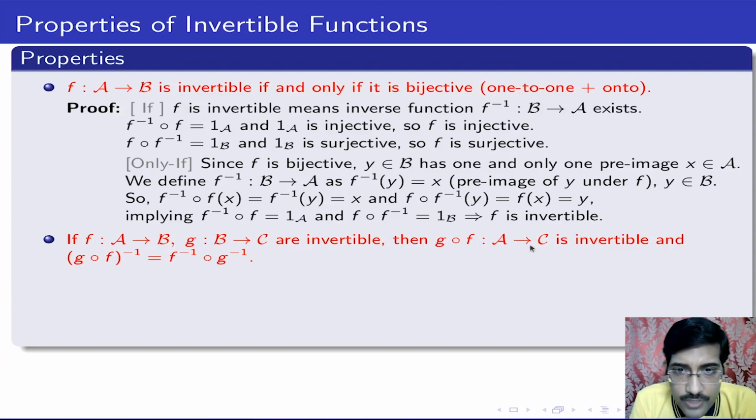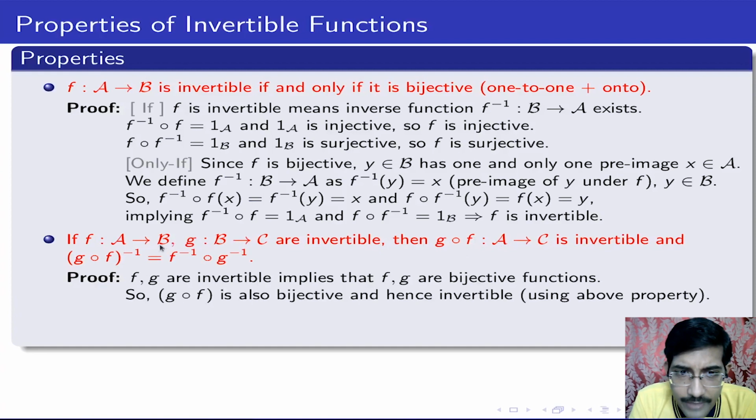Let us first prove that this is invertible, which is pretty straightforward. Because f and g are invertible, f and g are bijective functions, as proven here, if and only if bijective. Now if f and g are bijective, their composition is also bijective. We have proven in the earlier class that if two functions are bijective, then their composition is bijective.